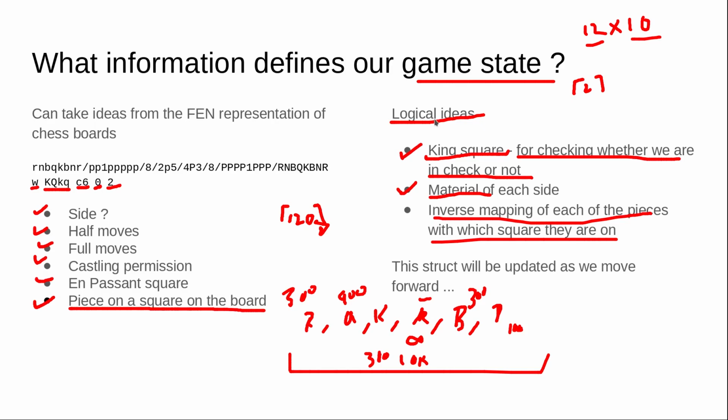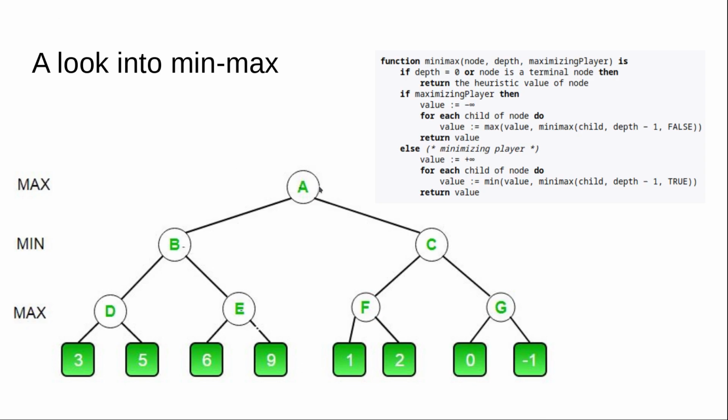Before we move any further, we would just stop to take a look at your minimax algo. This is the algorithm. What minimax does is that it gives us a score which is the optimal score in the case of optimal play.